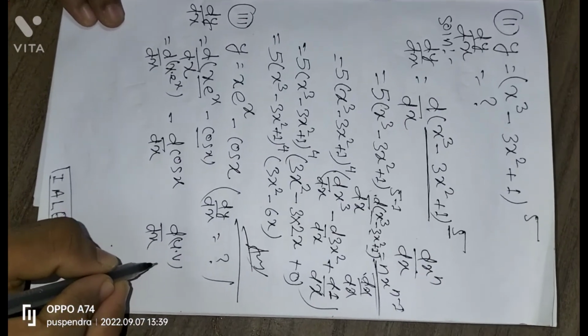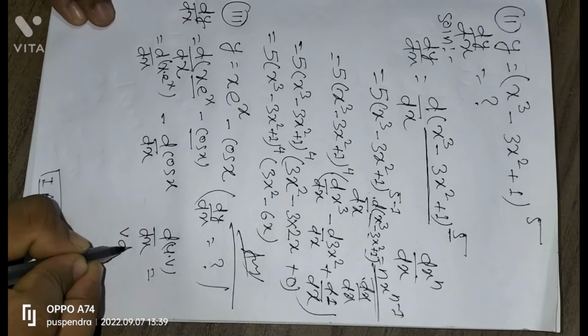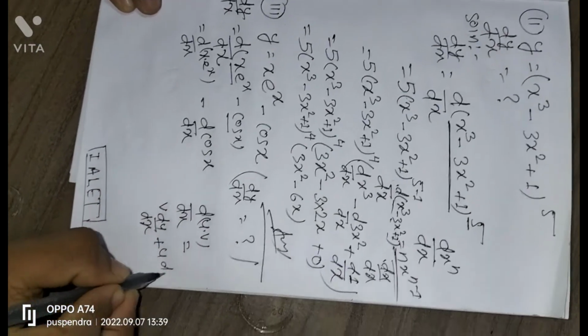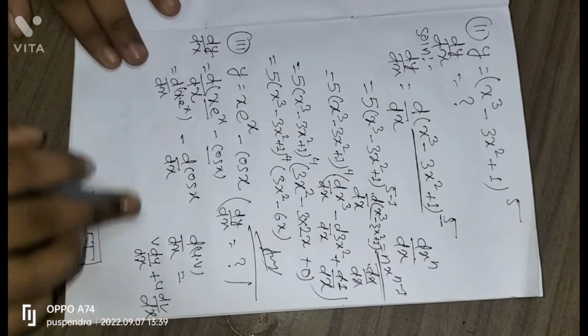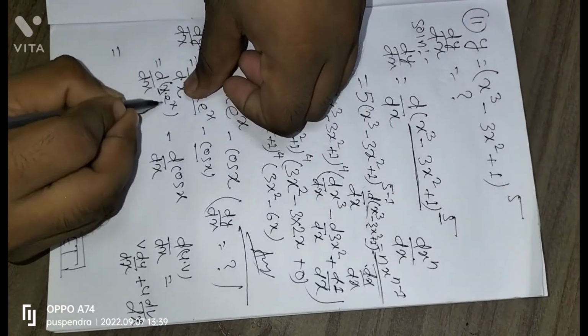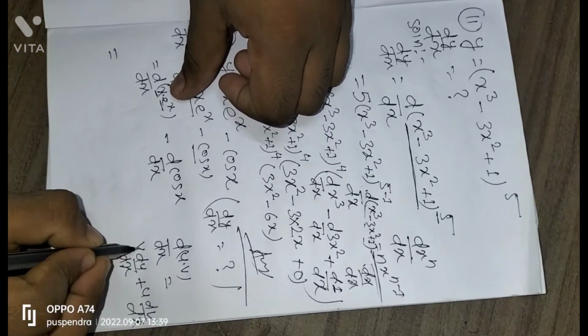And what is the formula for this? The formula is v times du by dx plus u times dv by dx. So we shall put this in this formula form. Here this is u and this is v. So we can write here v. What is the value of v?